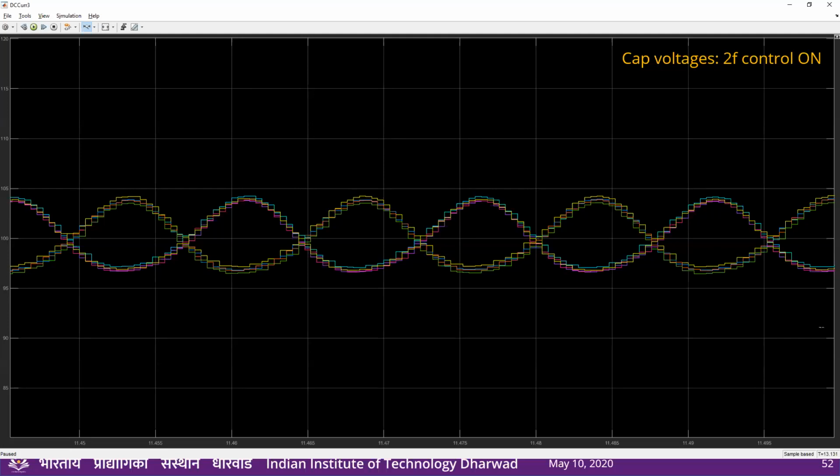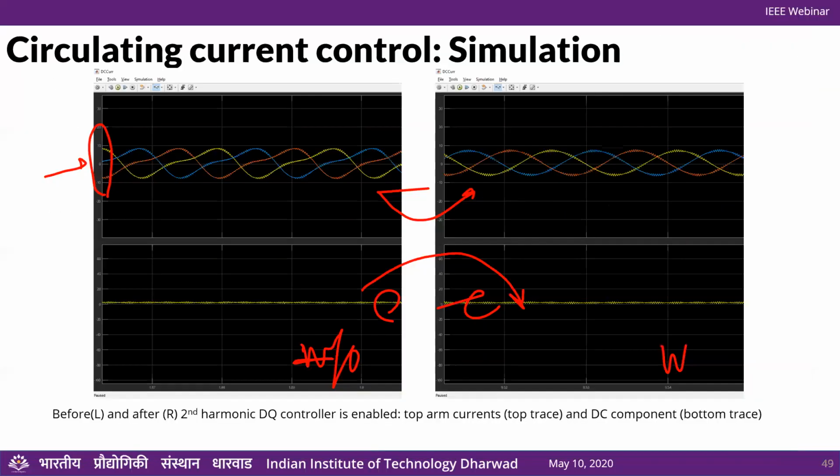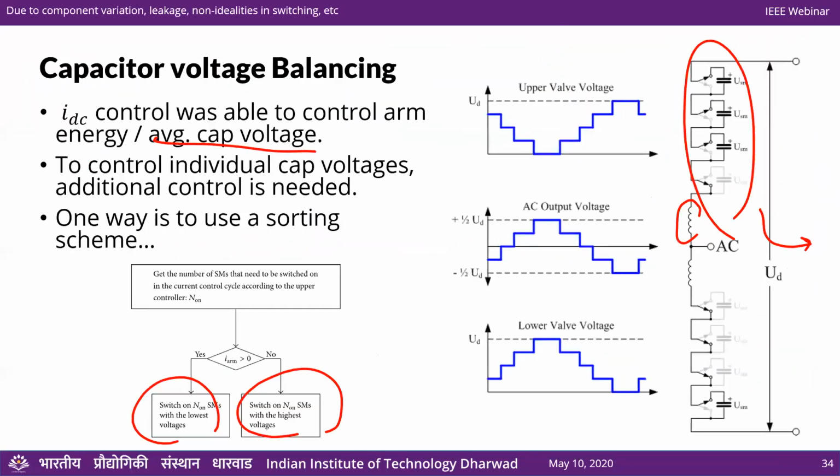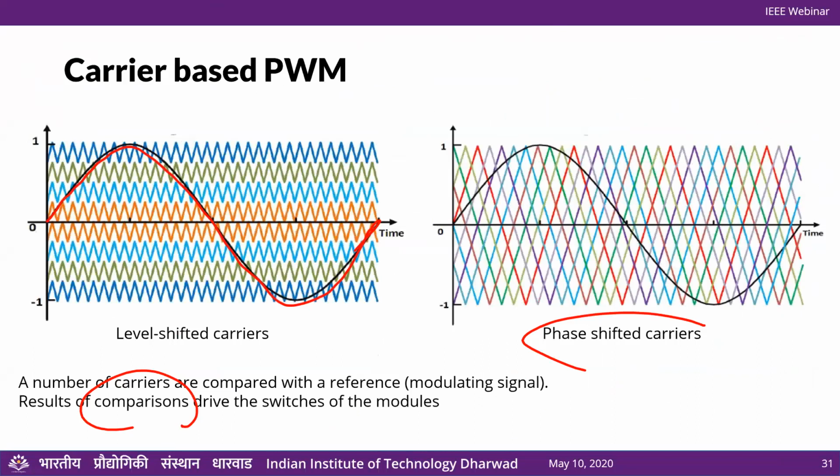Okay, there are a couple of questions. What switching frequency does it operate? So in this case, I think it's a 1 kilohertz switching frequency that I've used, and 1 kilohertz for the modules, of course. Let me just go over one thing that I sort of skimmed over.